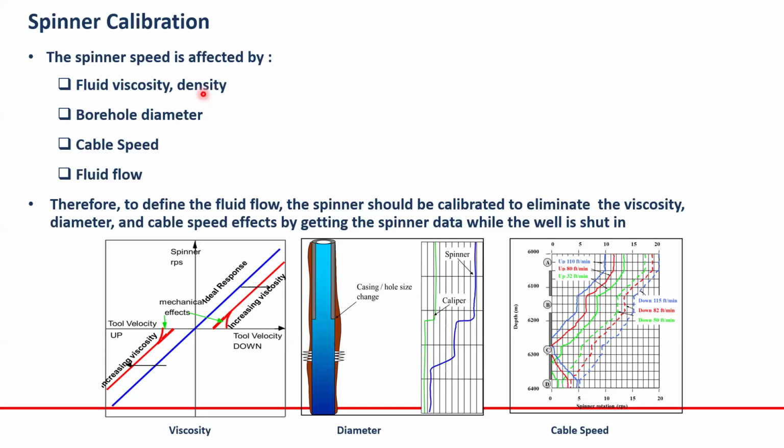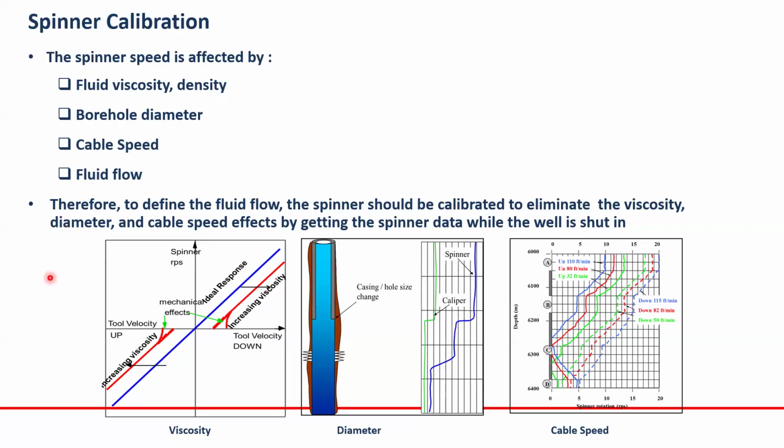Borehole diameter: the bigger the hole, the lower the speed; the smaller the hole, the higher the speed. And fluid flow: if the tool is stopped in any area and the well starts to flow, this flow will make the spinner rotate.